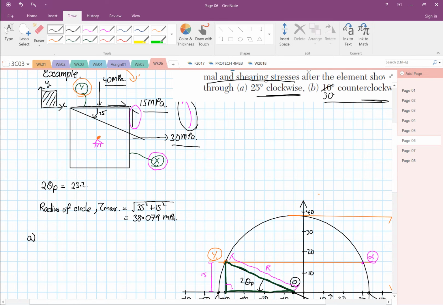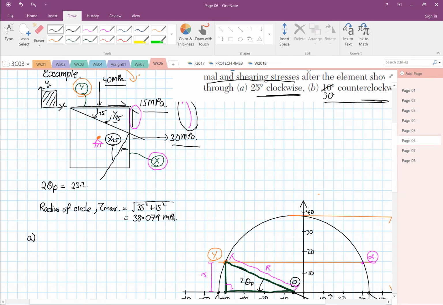Because you rotate from Y, you're going to call this surface over here Y25. And if you rotate the element clockwise from X, you'll be rotating this way clockwise also, so this angle of rotation is known as your X25.